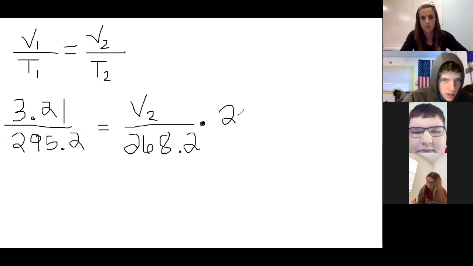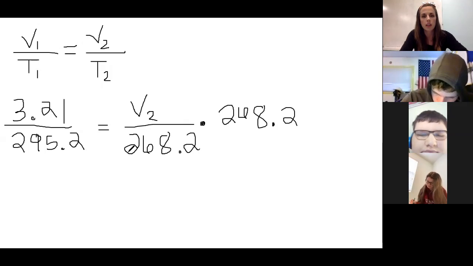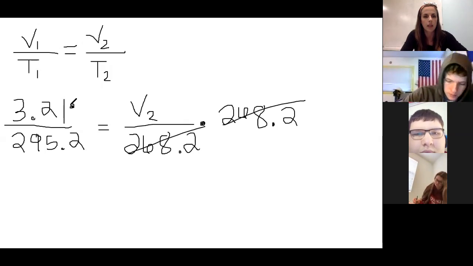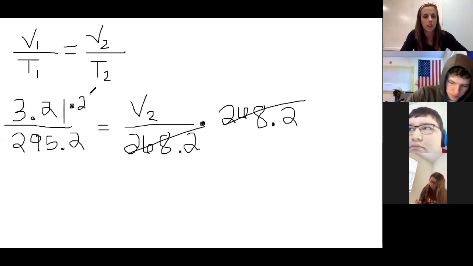You multiply 268. Good. Got to do it to both sides too. So I'm going to multiply it over here. It's going to cancel, and then V2 will be by itself. And then I'm going to multiply it over here. Let me show you again what that looks like in your calculator when you plug it in.